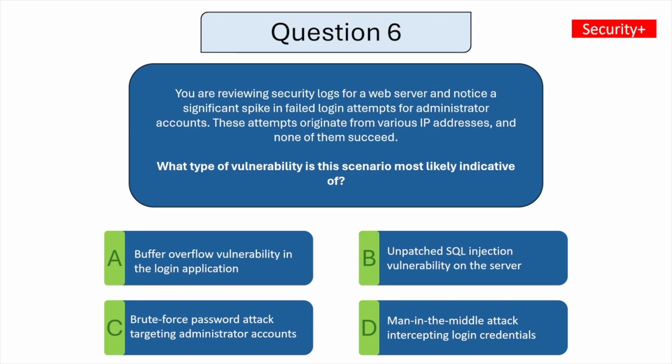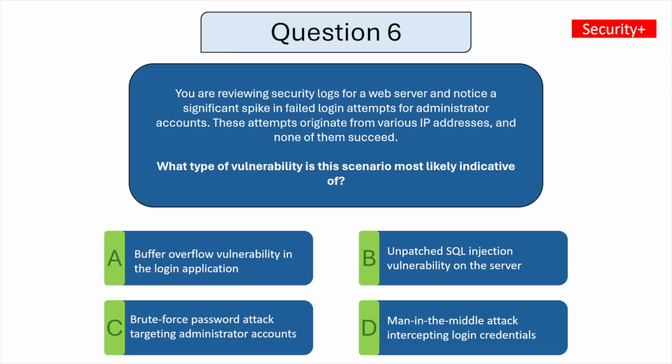Okay, so for this one, it's important to understand the different types of attacks and symptoms of an attack. This scenario says that there's a significant spike in failed login attempts for administrator accounts. So that means none of them are succeeding to log in. The best answer here, given the scenario, would be C, brute force attacks.